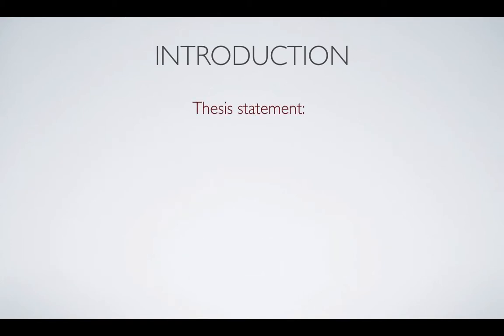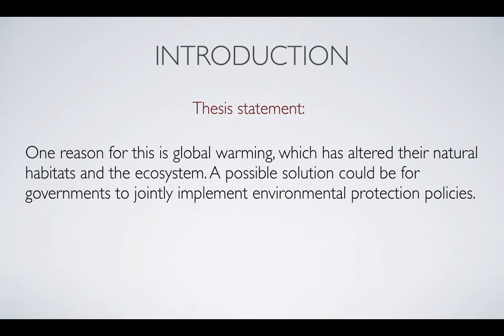Now, after we've paraphrased the task question, the next step is the thesis statement. Now, this shows the examiner what you're actually going to write about. And this is the thesis statement. So one reason for this is global warming, which has altered their natural habitat and the ecosystem.